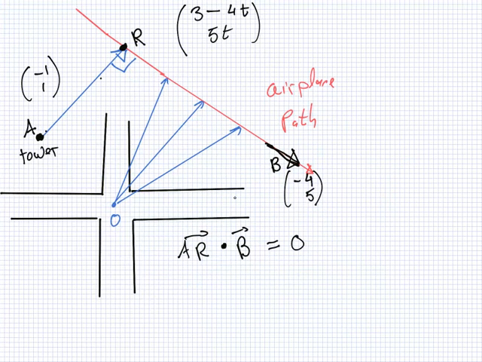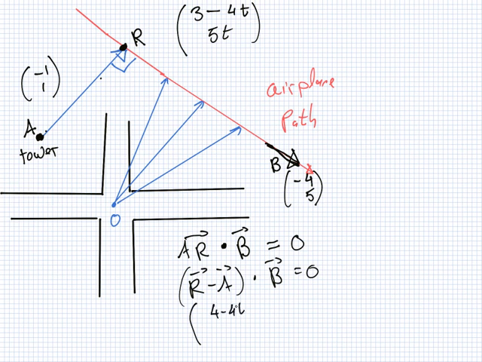Alright, let's calculate. So that would be R minus A dot B equals 0. So what's R minus A? R minus A, that would be 4 minus 4t, 5t minus 1, I think. Yeah, isn't it? Dot B should equal 0.